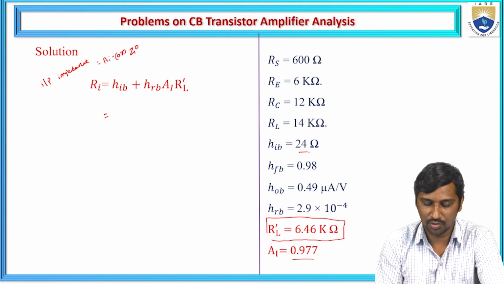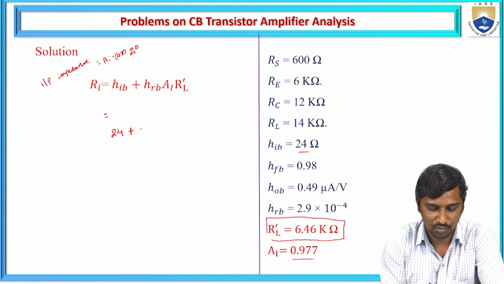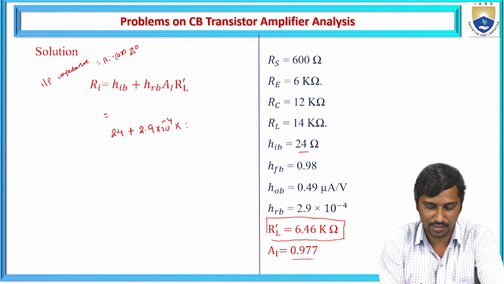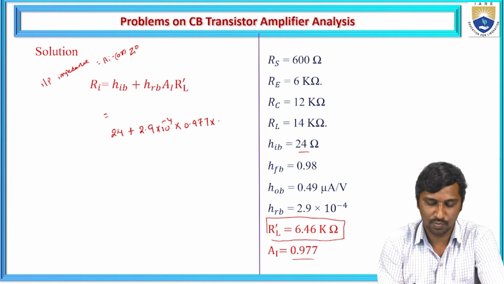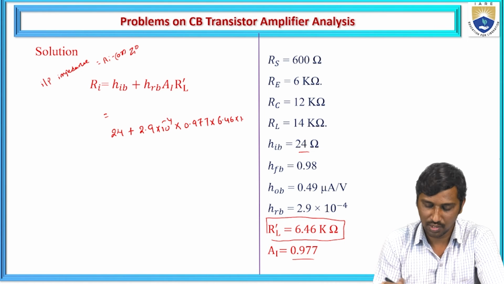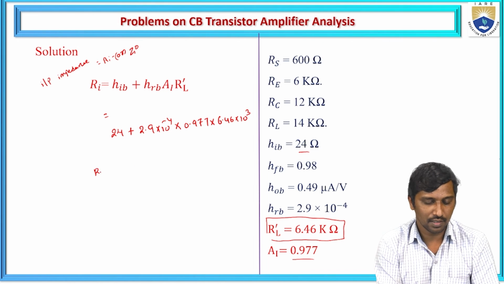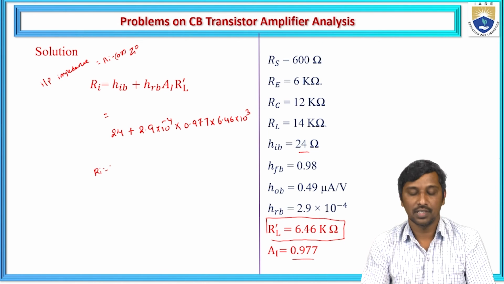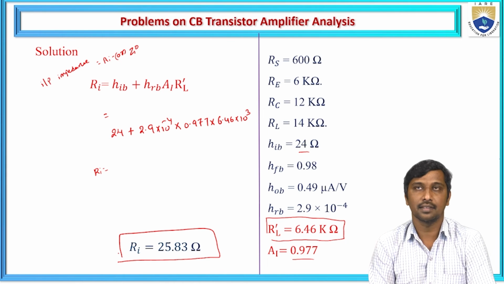HIB value is 24 ohms, so 24 plus HRB, which is 2.9 into 10 to the power of minus 4, times the current gain 0.977, times RL dash, 6.46 kilo ohms, means 6.46 into 10 to the power of 3. If you solve this one, it gives the Ri value as 25.83 ohms.